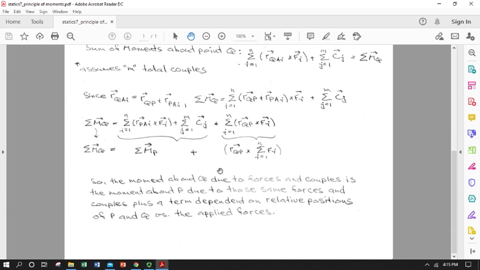So that is a massive shortcut if we are looking at the moment contribution of applied forces at 2 different points on a body, because that is different.